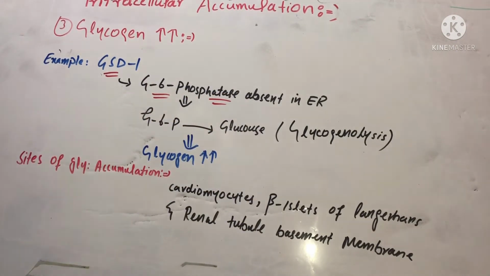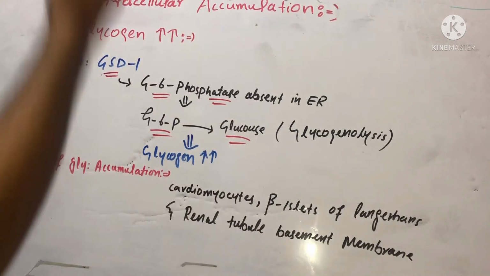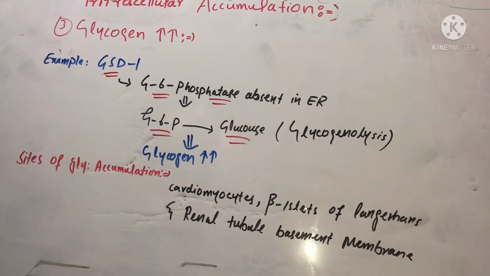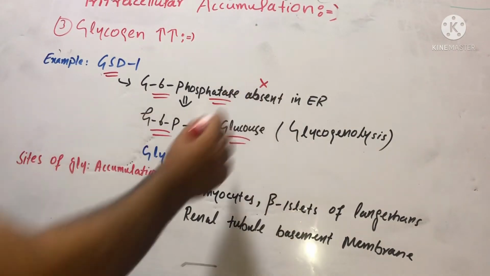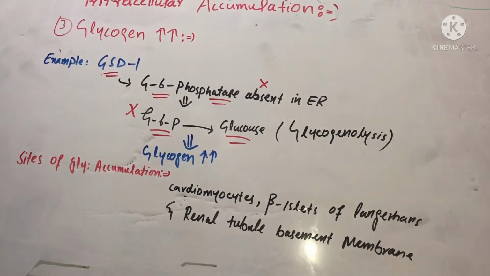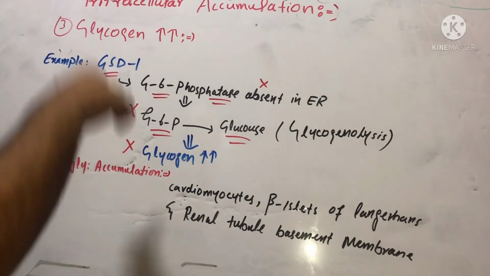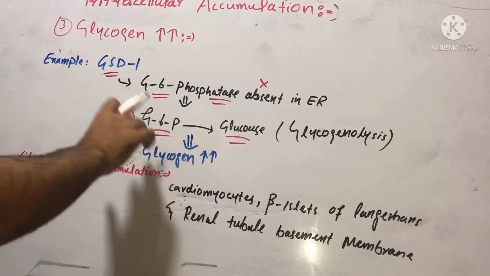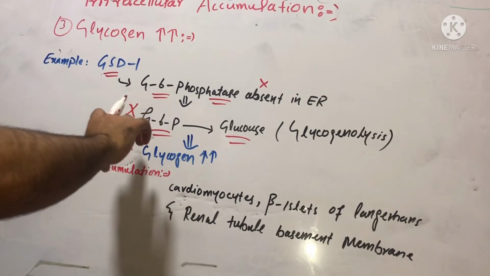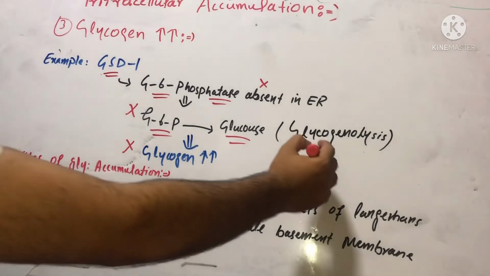And the normal function of glucose 6 phosphatase is that it converts glucose 6 phosphate into glucose. So, if glucose 6 phosphatase is absent, conversion of glucose 6 phosphate into glucose will not occur, and glycogen will start accumulating because conversion of glucose 6 phosphate into glucose is the last step of glycogenolysis.